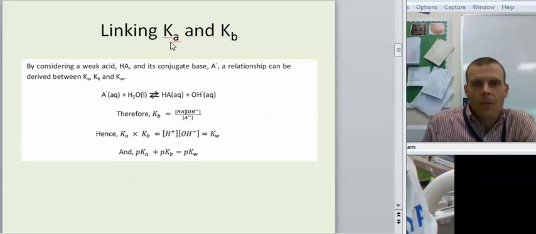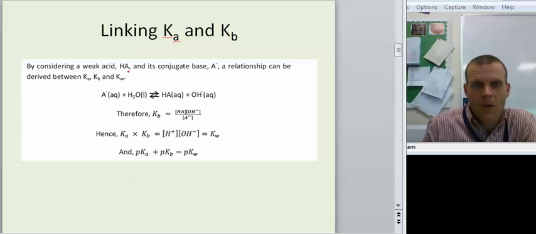Right, so there's a link between Ka and Kb. If I take my weak acid and then think about its conjugate base, I can derive expressions for Ka for the weak acid, as you just saw on the last page, and an expression for its conjugate base, because its conjugate base is going to be doing this when I put it in the water, which means its expression there is that.